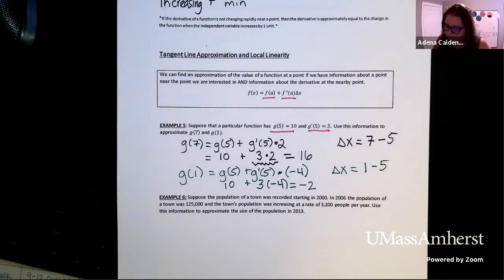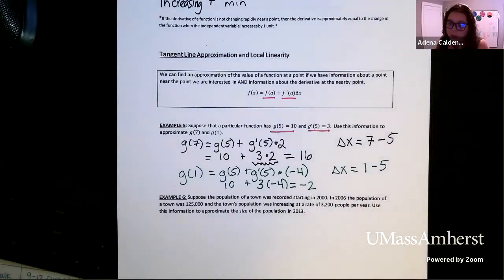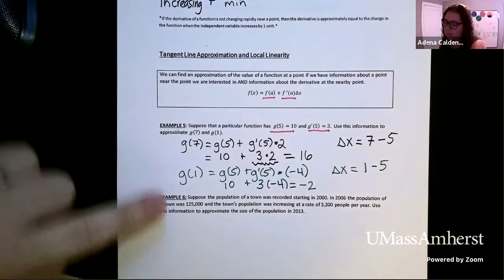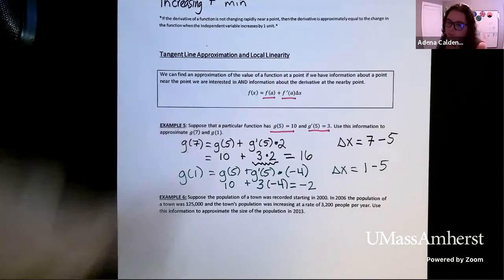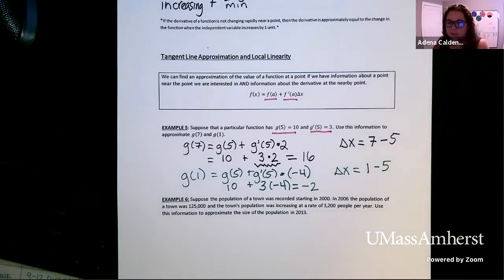So we have the size of the town, we have the derivative, the rate of change at a certain point. So think about how we might use the mathematical notation we know to write about these things so that we can use this particular formula. Think about what your delta X is going to be and how we might make the prediction for the size of this town in 2013.